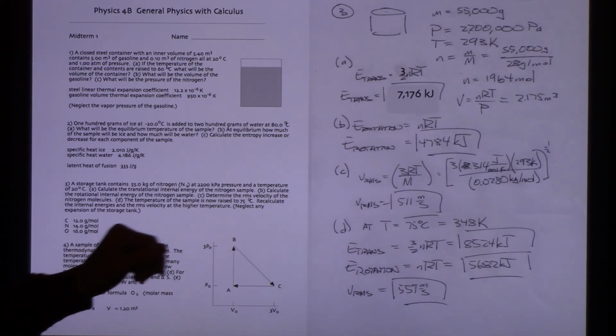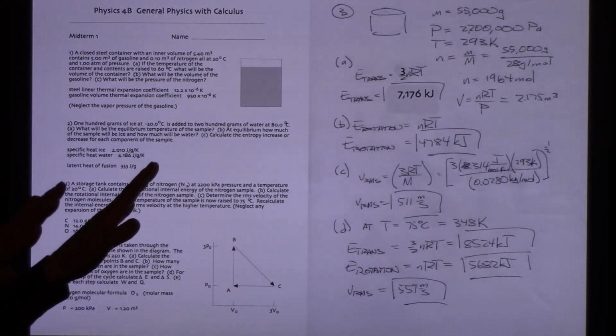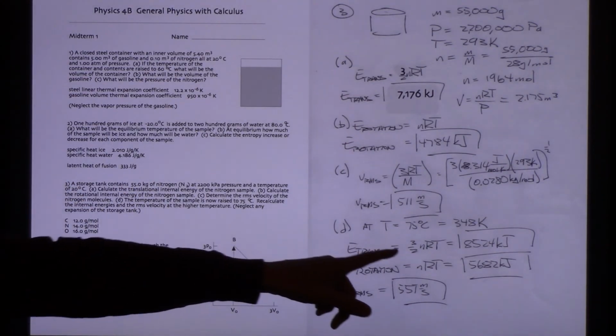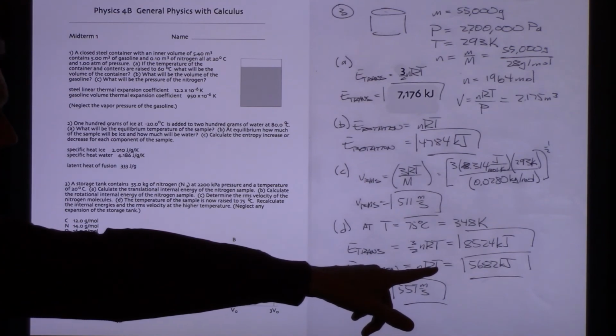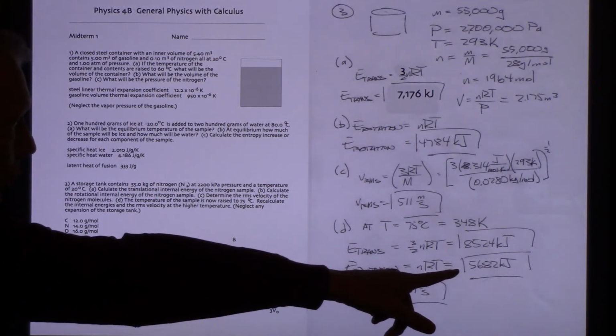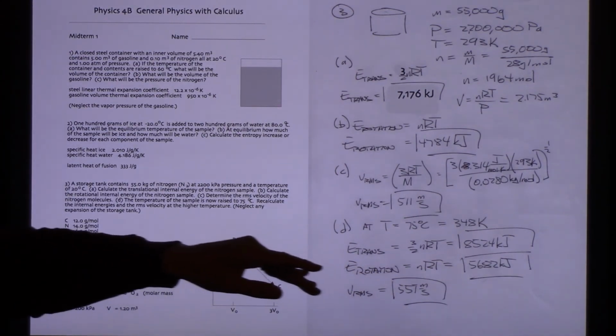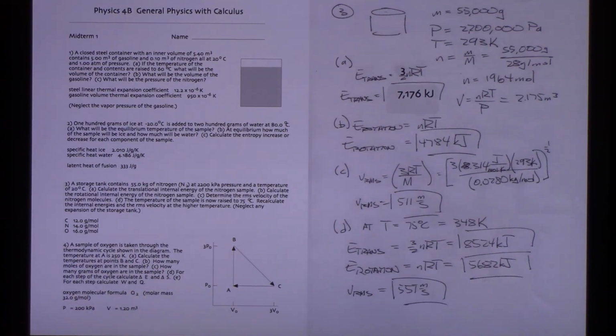Now, the last portion of this was change the temperature and go back and recalculate everything. So, the internal energy calculations are just going to scale according to the temperature increase. They're going to both go up. Now, in Celsius terms, it seems like the temperature went way up, right? It went from 20 to 75.